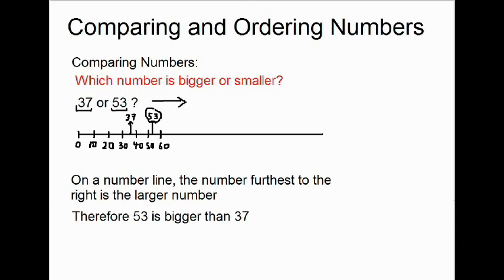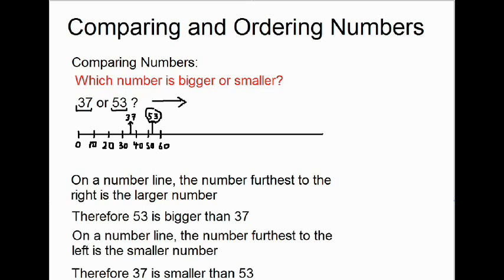Well, since the number that's larger is further to the right, that means a smaller value is further to the left on a number line. So since that's the case, we could also say that therefore 37 is smaller than 53.